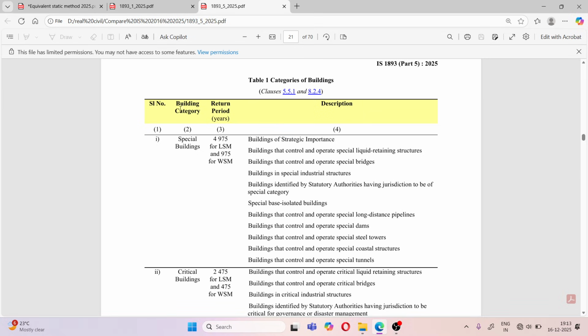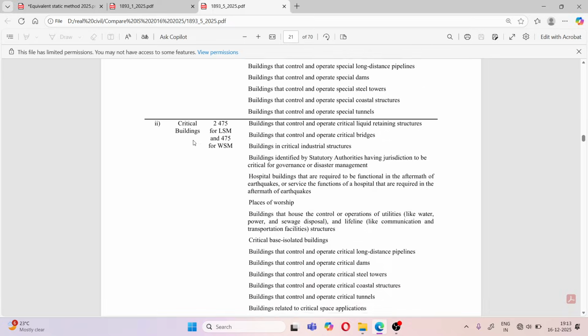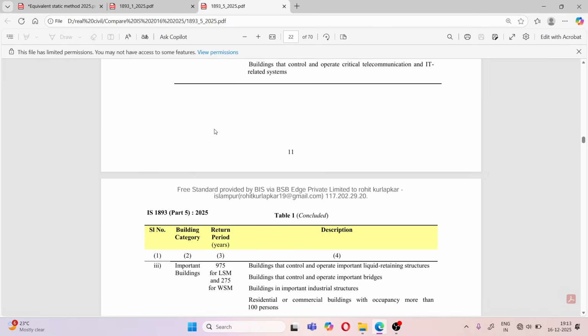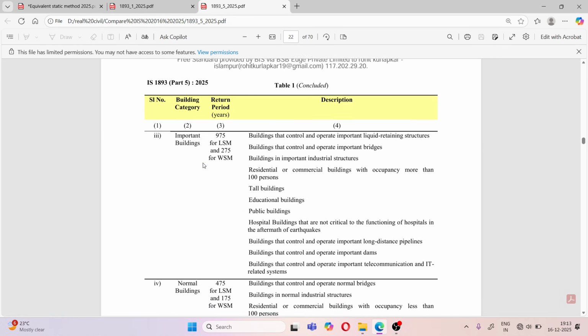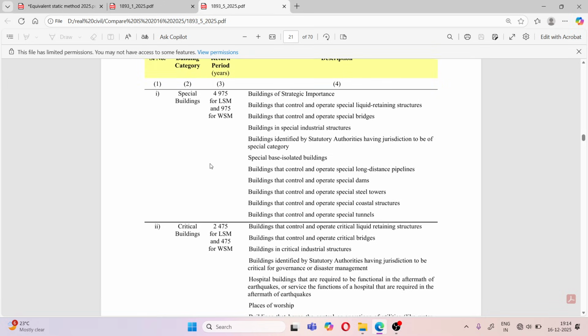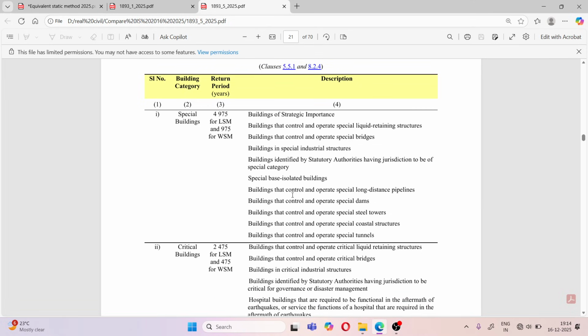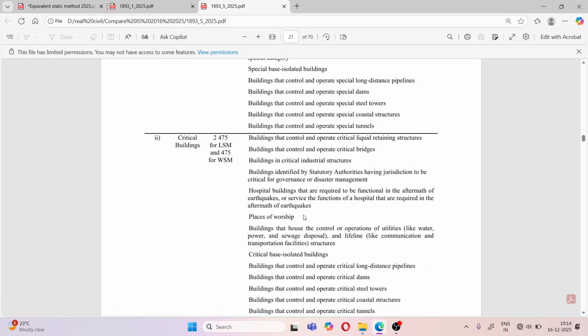In this table, the categories are given like special building, critical building, then important building and normal building. Against that, they have given return periods in years, and against that there is a description of which building we shall call a special building. You can see there are so many descriptions given. So I will show you.